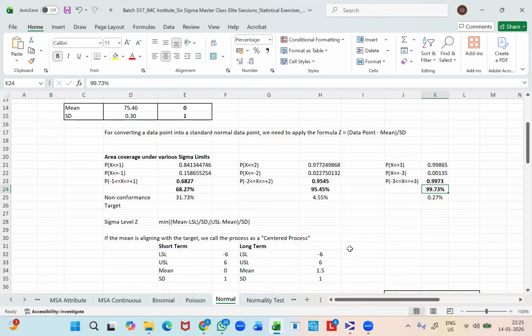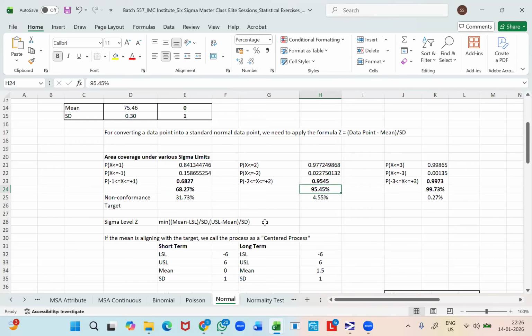Right? So these values would help us to estimate the approximate sigma level given the process adherence to the customer specifications. Say if the process adherence to customer specifications is around 85%, what can we say about the sigma level? Since 1 sigma level is 68.27% adherence and 2 sigma level is 95.45% adherence, around 85% adherence will be between 1 and 2 sigma level.